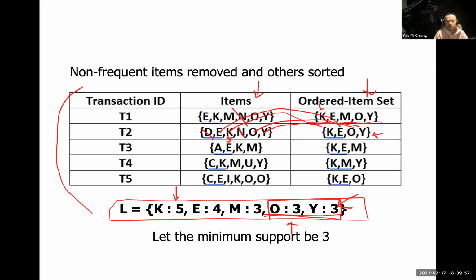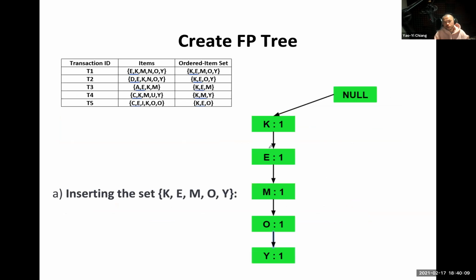All right, second pass: you read the basket, you remove the non-frequent items, you order them, then you start to create a tree. Now you can start to see what we mean by overlapping paths. The tree has a root of null, which means an empty basket.